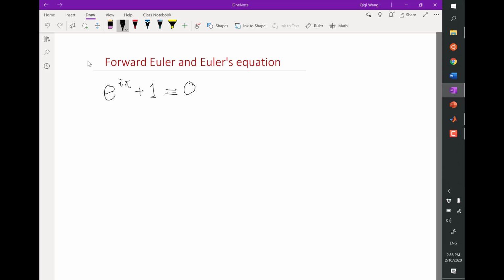What is the special thing about e? What does e mean to you? Why do we have a letter for that number? Yes? It's significant to calculus because the derivative of e to the x is itself. Exactly. e is actually a special number to calculus.